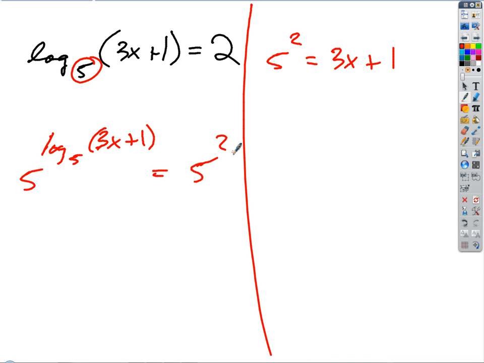If I just raise both of those base 5 to those powers, then 5 to the log 5 just cancels, and so I get 3x plus 1 equals 5 squared, but wasn't that easier over there? We already know how to do that. Okay, just rewrite it as exponential, and then solve for x.